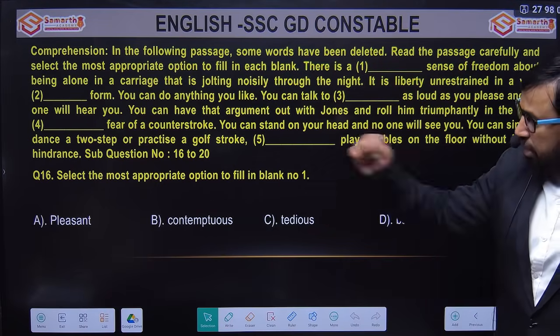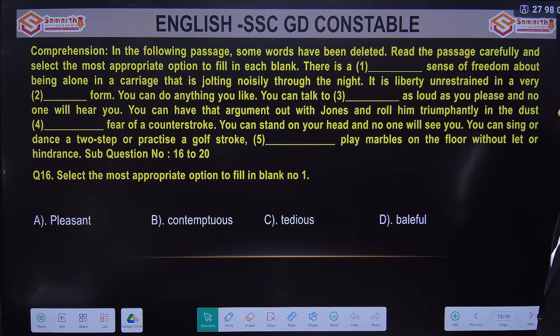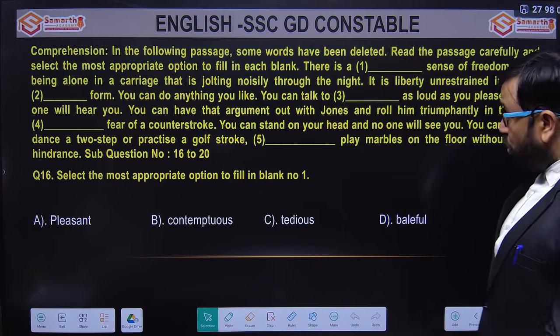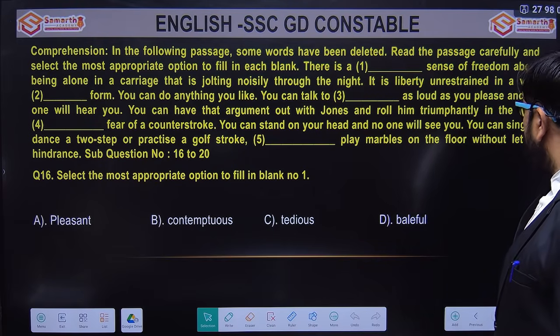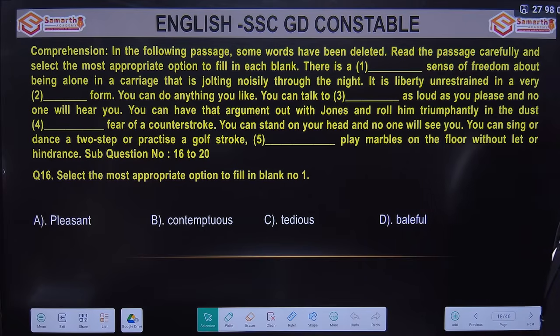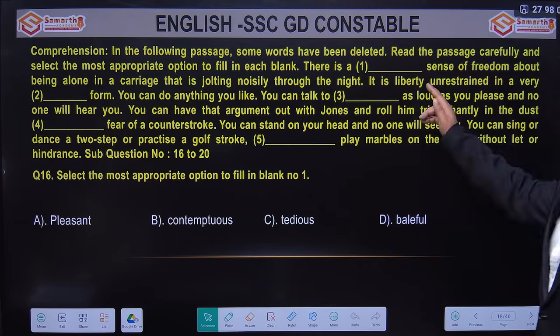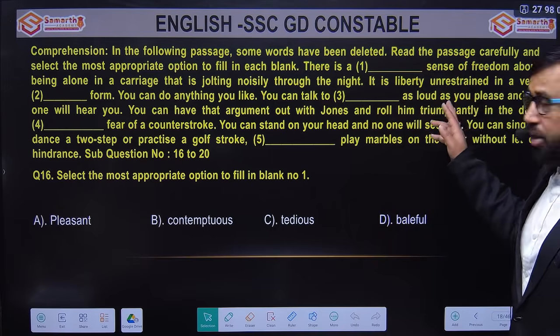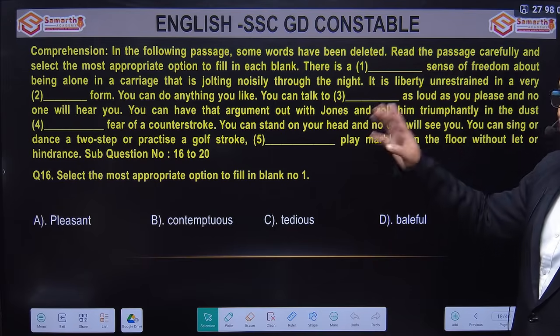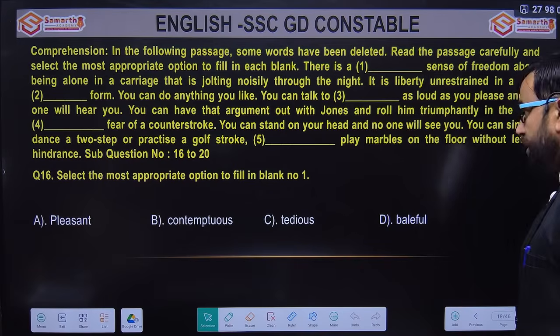So option A looks more appropriate: there is a pleasant sense of freedom about being alone in a carriage that is jolting noisily through the night. Okay, it is liberty unrestrained in a very dash form. Liberty is freedom, without any restriction, in a very dash form.